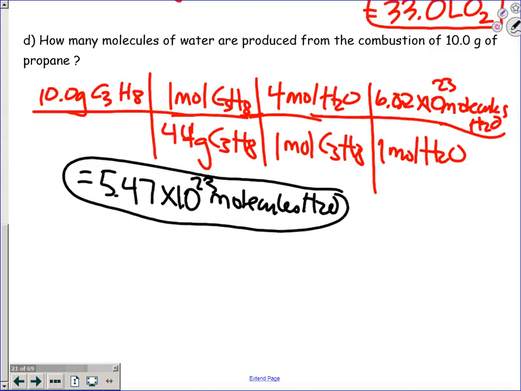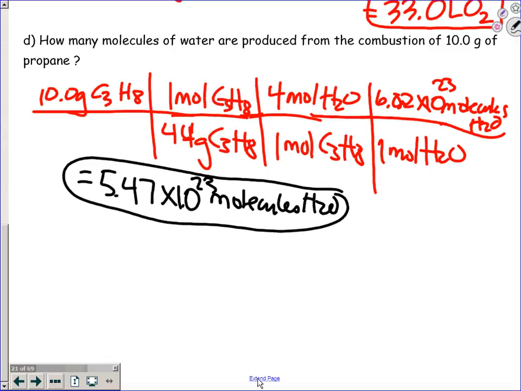Consider the decomposition. I did that. Oh, yeah.